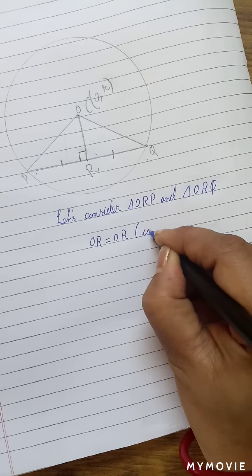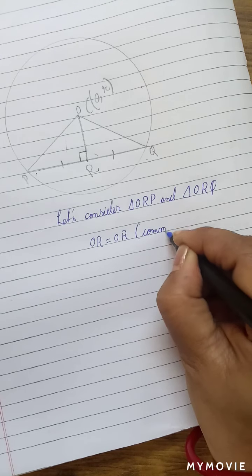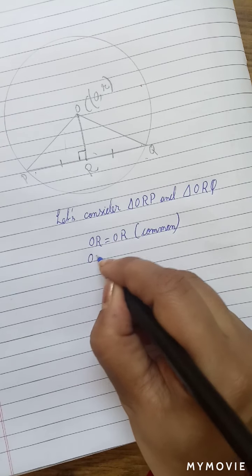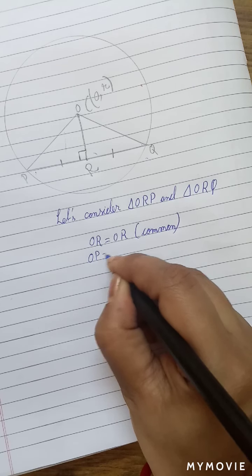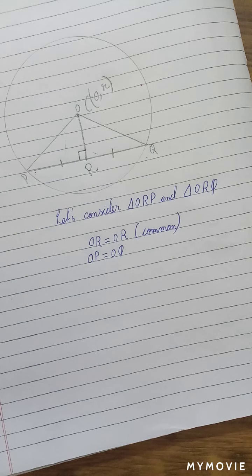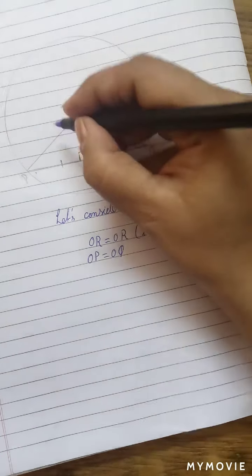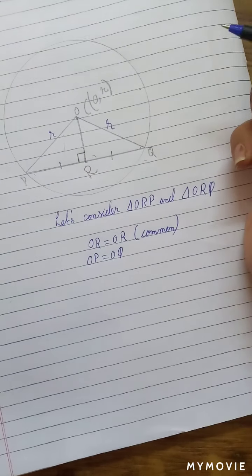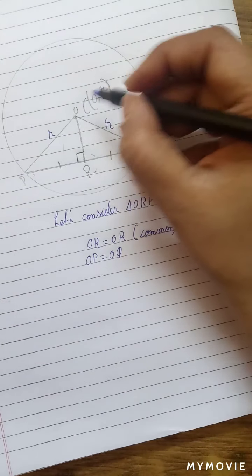This is common. And OP is equal to OQ. Can you suggest to me why? Because these two are also the radii of the circle.